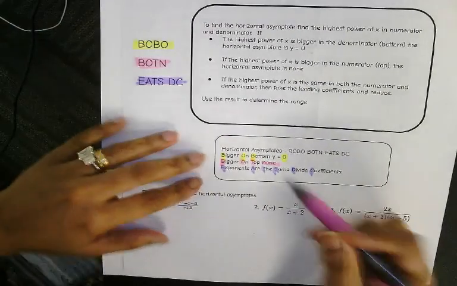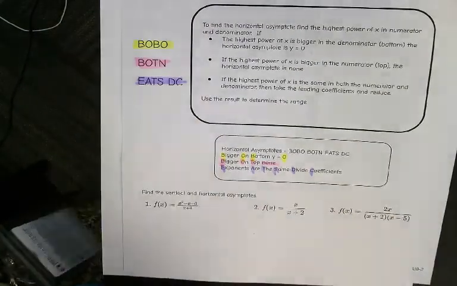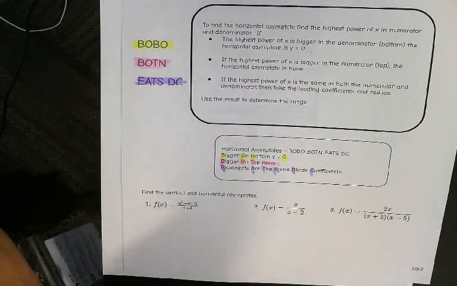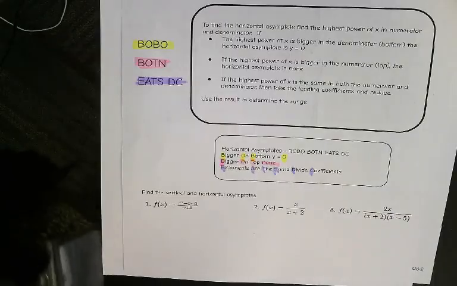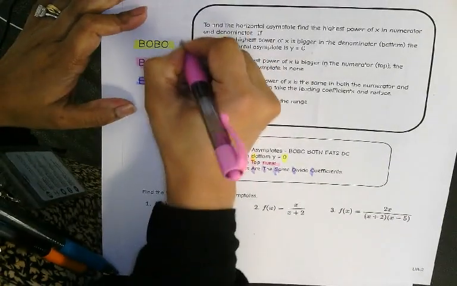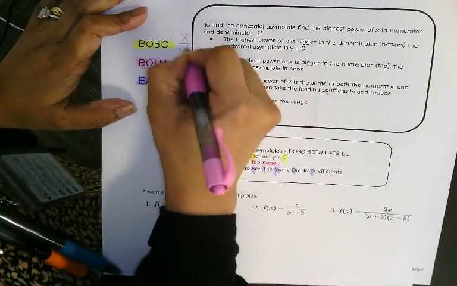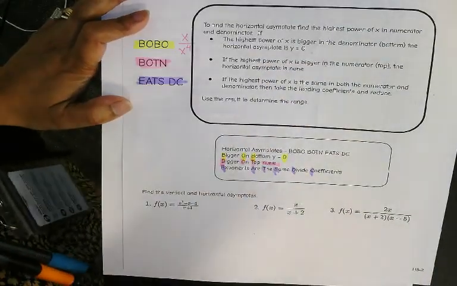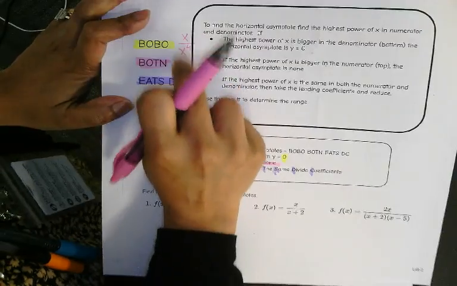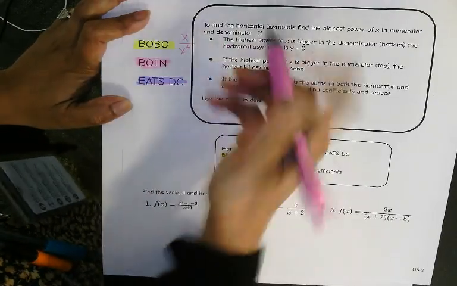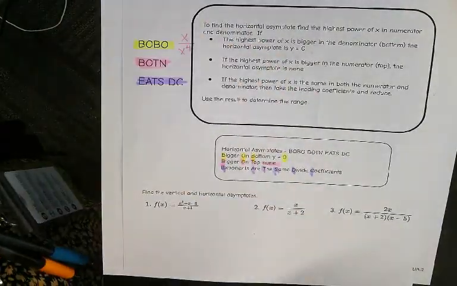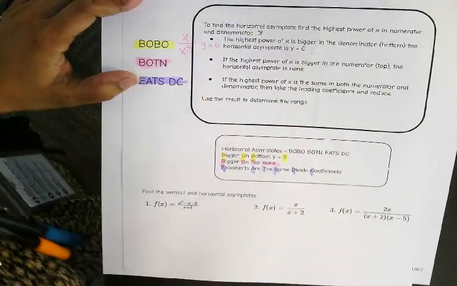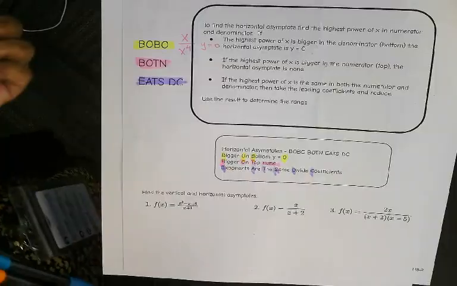For example, if I have x over x to the power 4, who is the bigger one? X to the power 4. So the bottom is bigger, which means you don't need to calculate anything. The horizontal asymptote is going to be y equal to 0. So directly you can write it down.